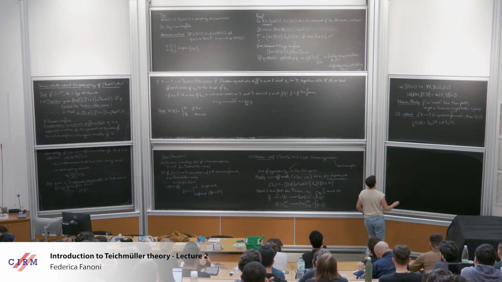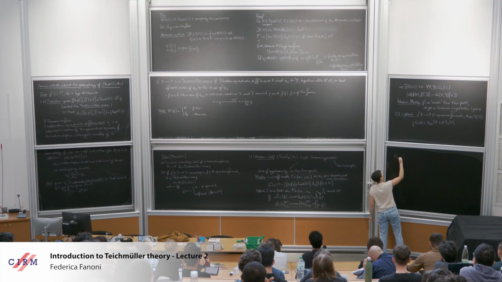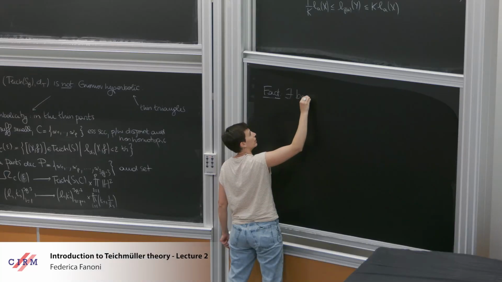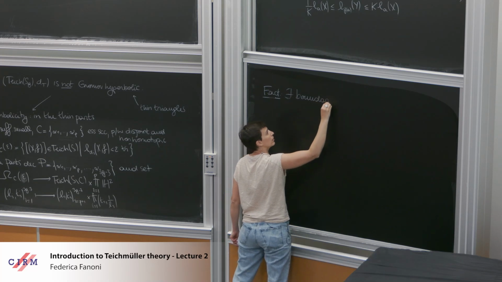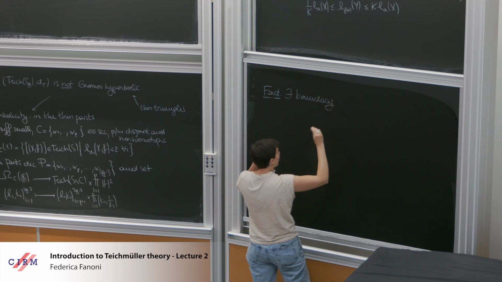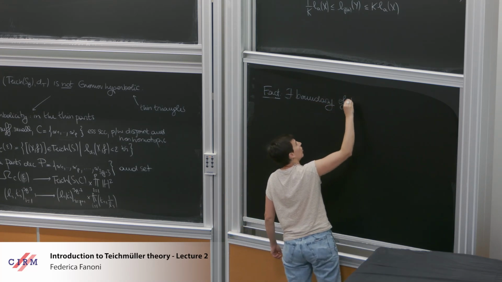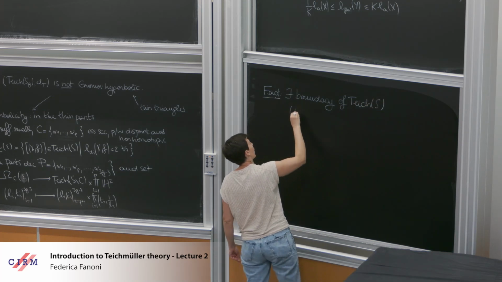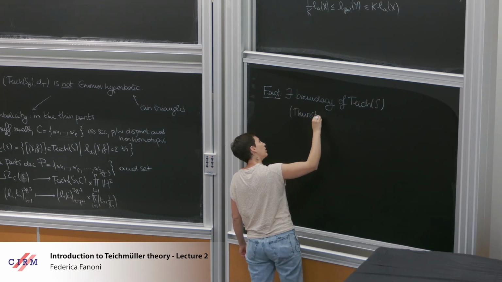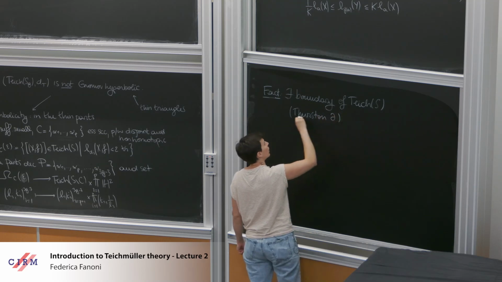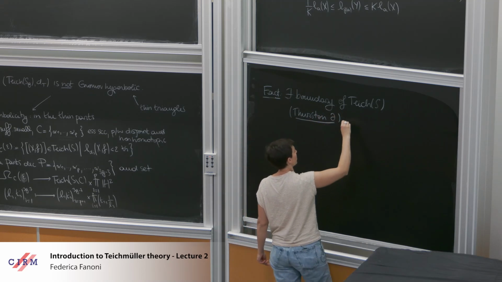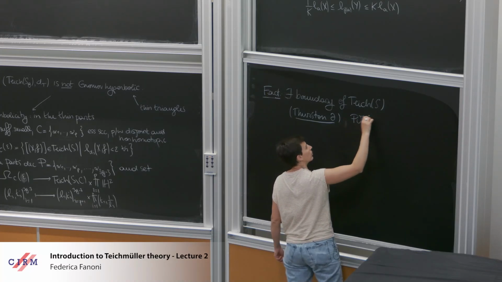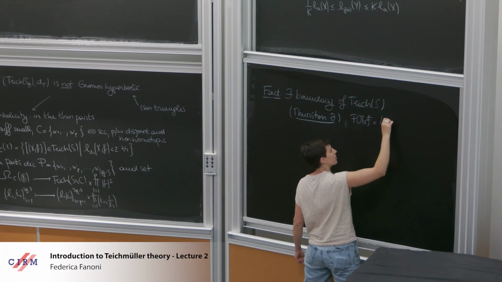So in fact, there exists a boundary. One can define a boundary of Teichmüller space called the Thurston boundary, which can be identified with the projective measured foliations.